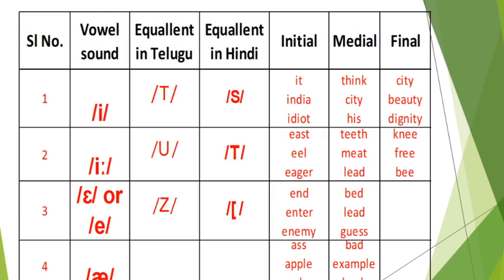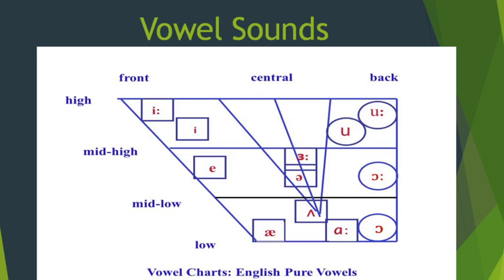Right. Now come to the first vowel sound. First let us describe this. What is this? Whether it is a front vowel, central vowel, back vowel? Yes, front vowel. Front. From the position of the tongue, is it close or half close?